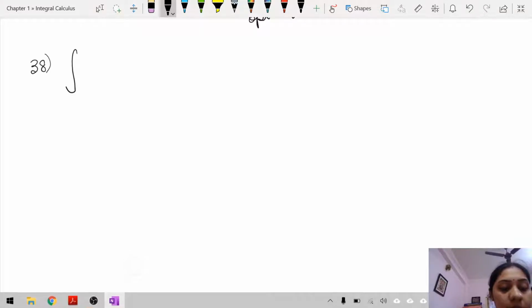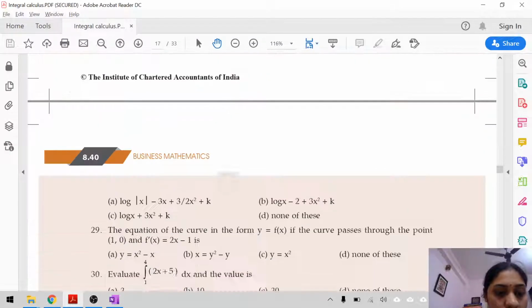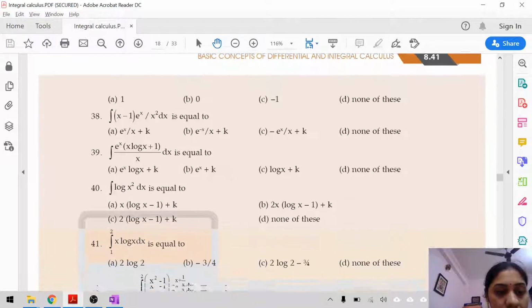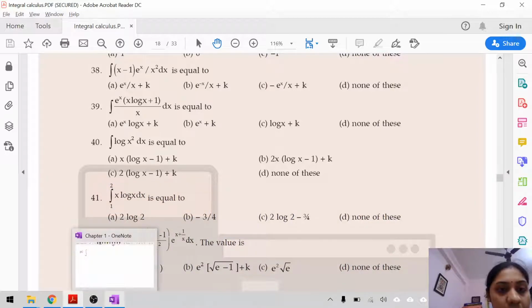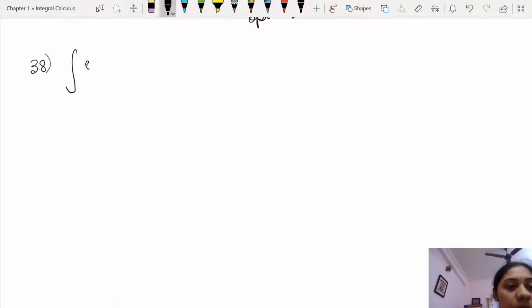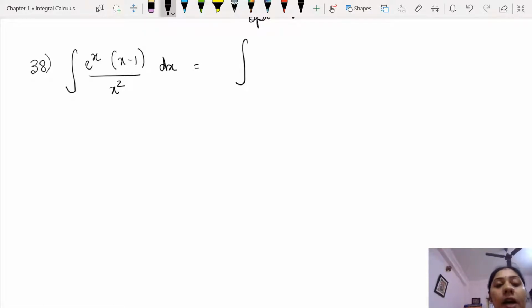Then let us have the integral. What is question number 38? Integral x minus 1 into e power x divided by x square. Let me write it down: e power x into x minus 1 divided by x square dx. So what do we have here?